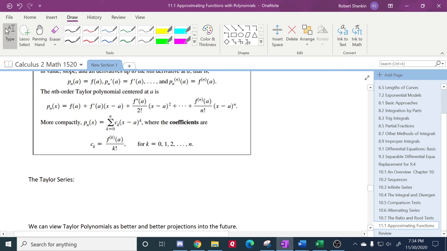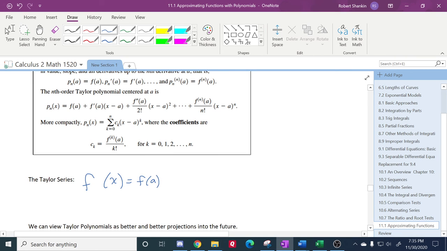Thus, the Taylor series is this. And this is a big deal. f of x in terms of what's happening at a.